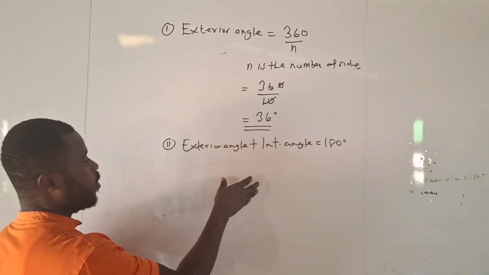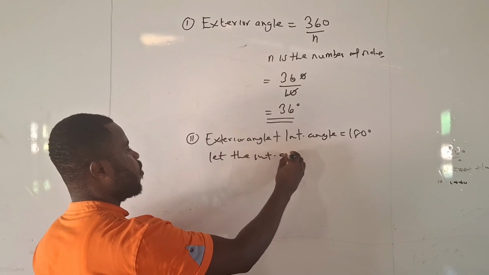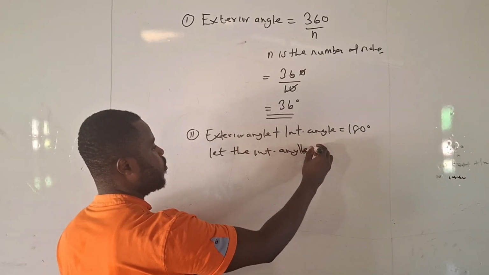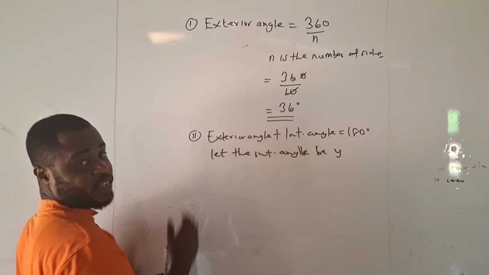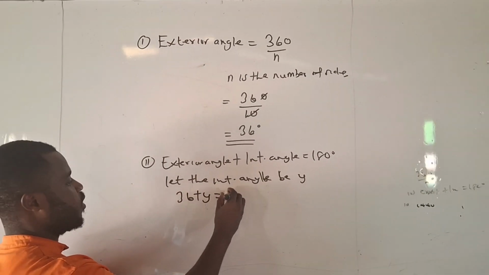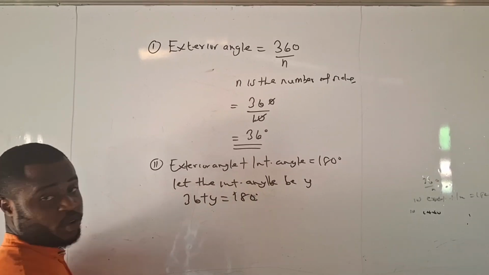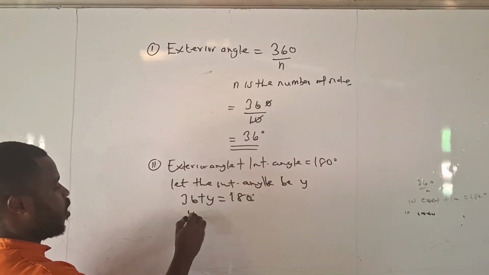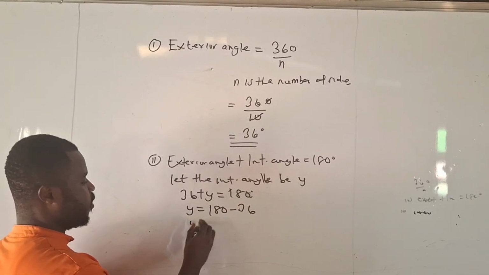And here, we let the interior angle be y, because we know the exterior angle. So we have 36 plus y is equal to 180 degrees. So now y will be 180 minus 36.